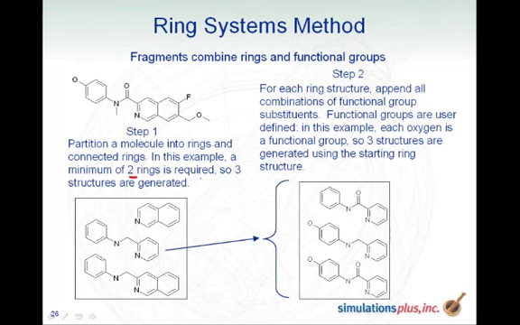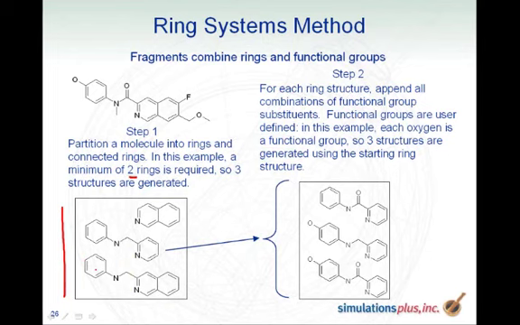And so it would take this molecule and it would classify it into these 3 groups. So here's the isoquinoline ring, a phenyl linked to a purine by a 2-atom spacer, and then finally, the third class is the phenyl ring, a 2-atom spacer, and then the isoquinoline ring.